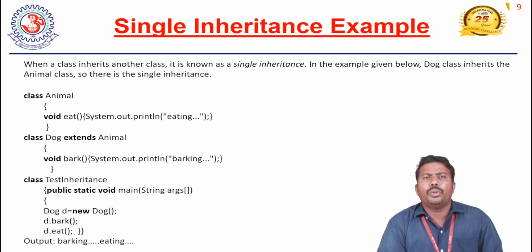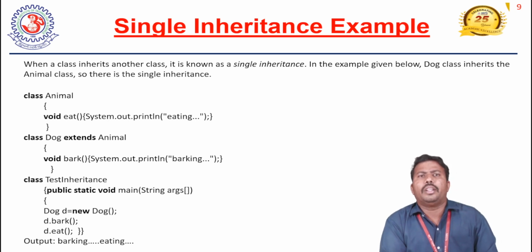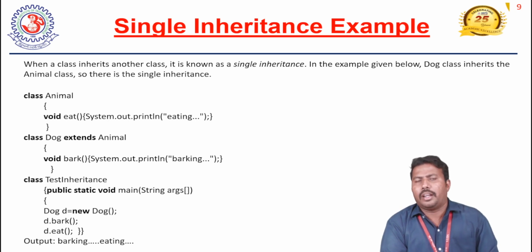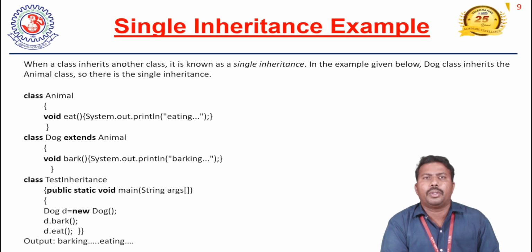Next, we access all those things with respect to an object. Here the instruction is Dog d = new Dog(); this creates the object. Accessing the methods and variables of a particular superclass or subclass is done with respect to objects only.